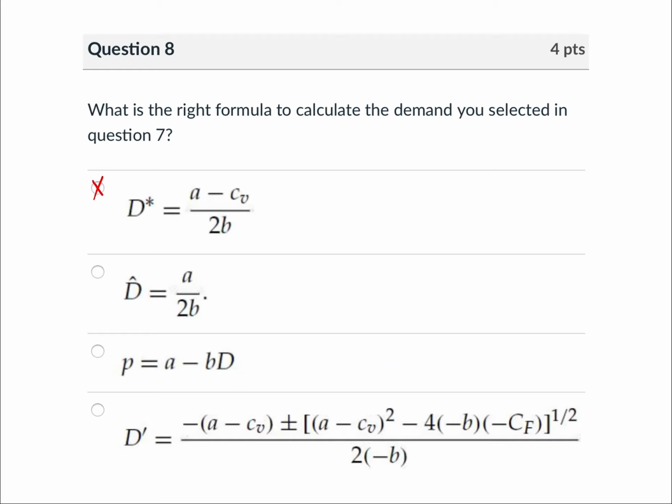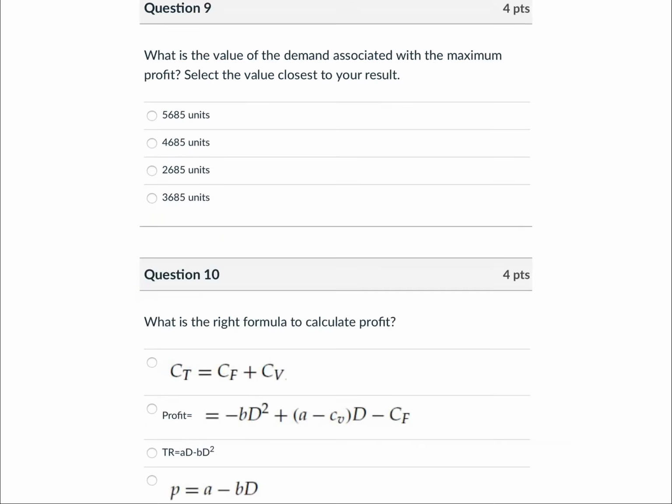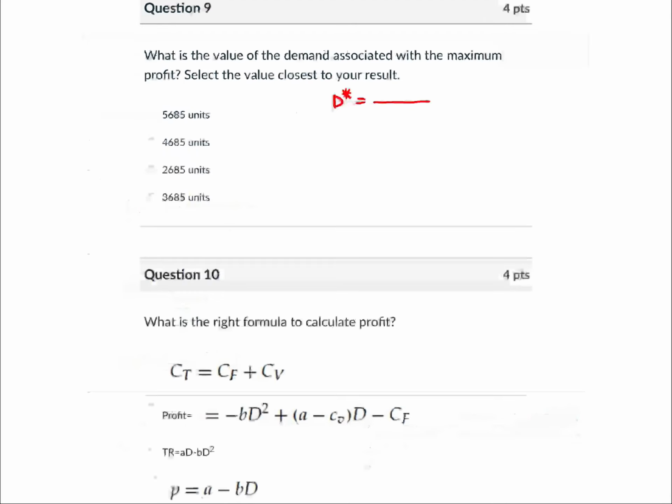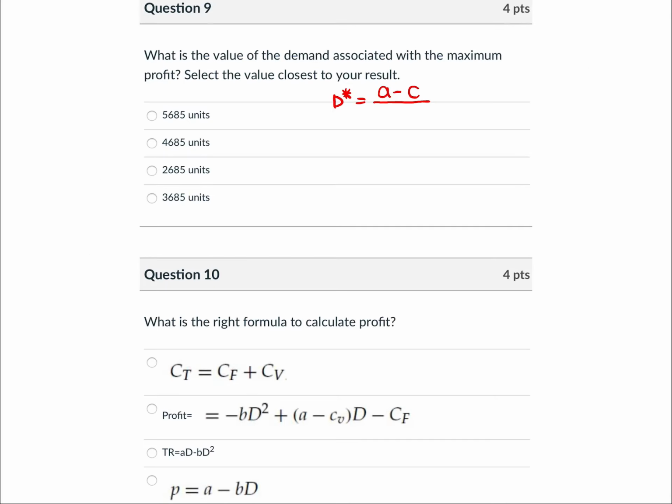So what is the formula for D star? And this is the one, very easy. Now, what is the value of the demand associated with the maximum profit? So once you choose the D star equation, you just calculate. D star is A minus C lowercase v over 2b.